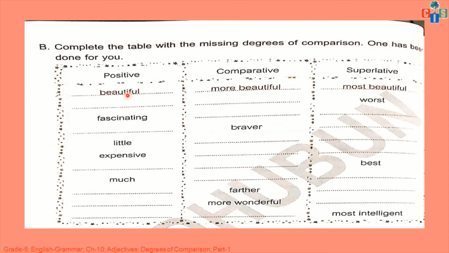Here one word is given in positive degree of comparison, that is beautiful, and when it will come in comparative, we cannot change beautiful word, so we added more before beautiful, more beautiful, and in superlative it will be most beautiful.